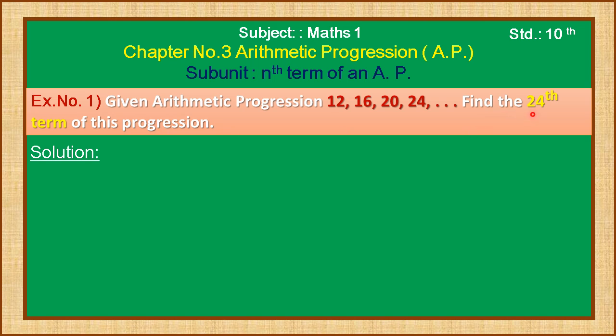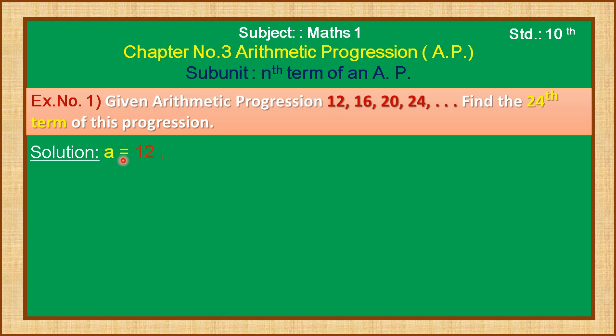There is given here the word 24th. Remember this 24th. For this you can use the formula of Tn. The solution of the given example: before you use the formula, write down the values of the three letters A, N and D.